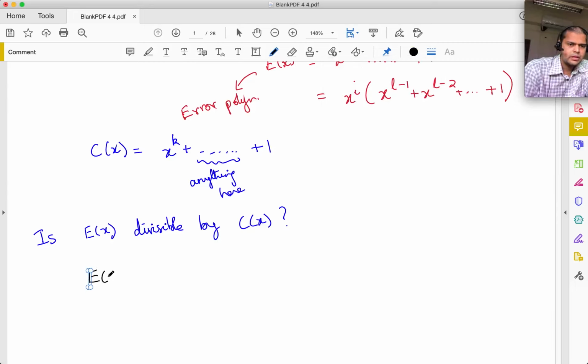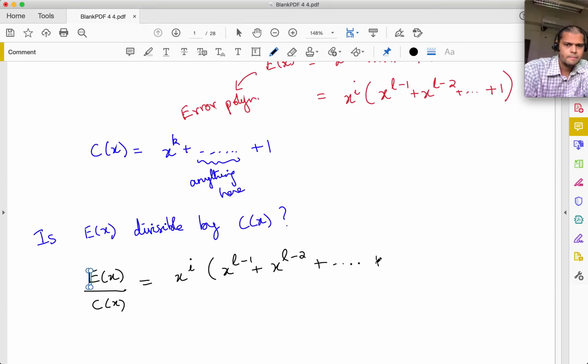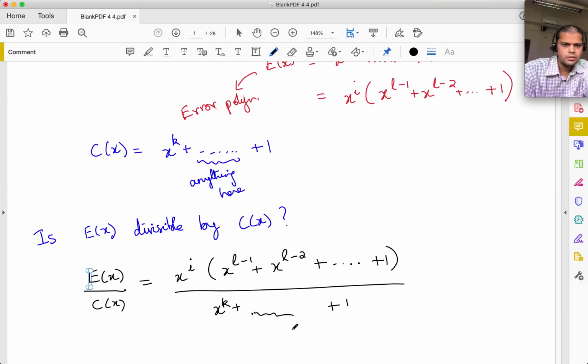So let's write E of x divided by C of x. And this divided by x to the power of k plus, we're saying we can have anything in between, plus 1. So is E of x going to be divisible by C of x? Okay.